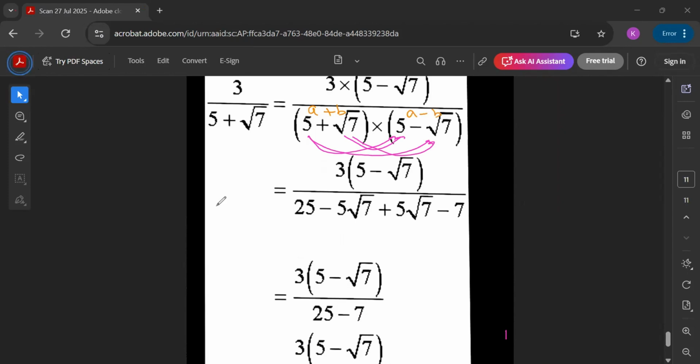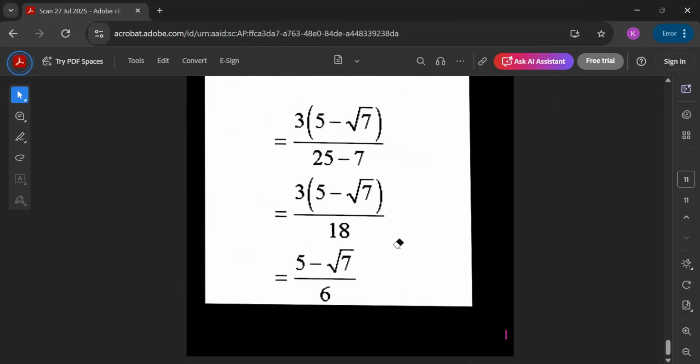So we can say it is a square minus b square, where a is 5 and b is root 7. So check out, we will directly have this answer. 5 square is 25, the square of root 7 is 7, and we directly get 25 minus 7. So there is a method of multiplying out, but go for using the third identity. That's far better. So with this, we end our topic of surds.